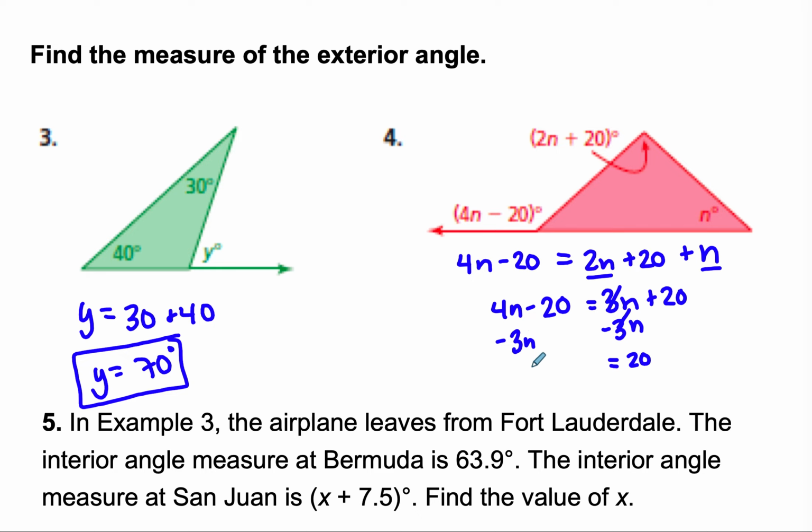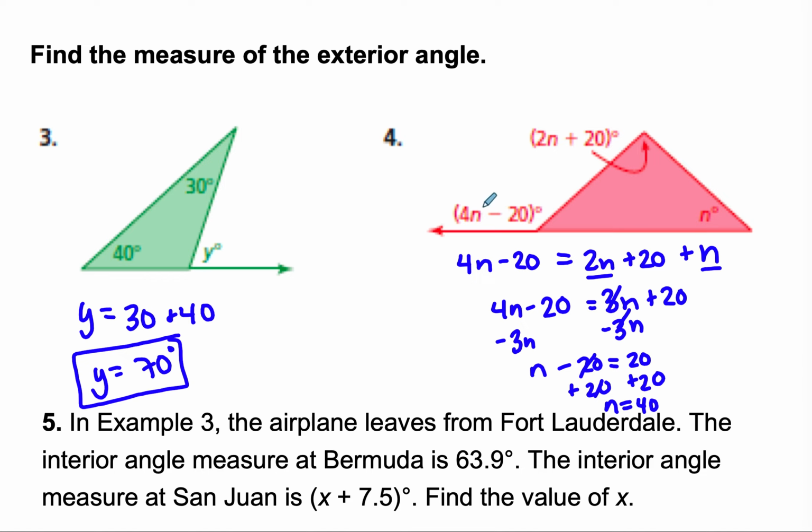And over here, 4n minus 3n is n. So I have n minus 20 equals 20. To get rid of the minus 20, I'm going to add 20. Negative 20 plus 20 is 0. 20 plus 20 is 40. N equals 40. That is not my answer.